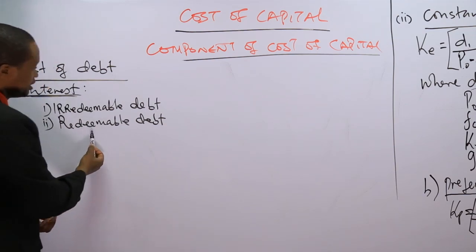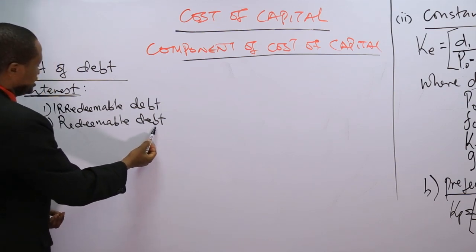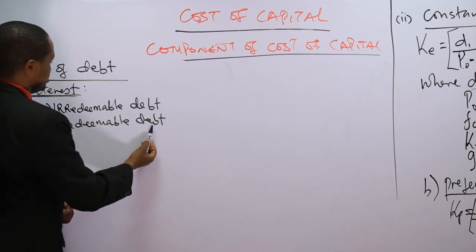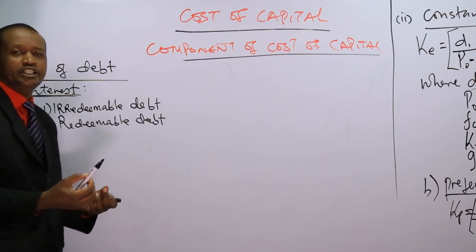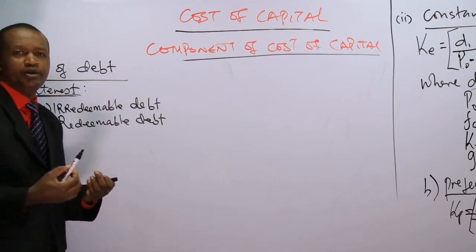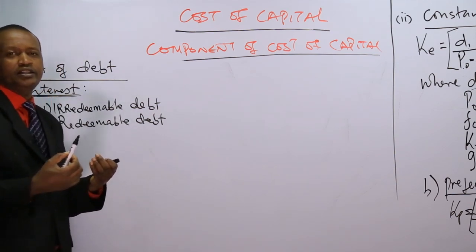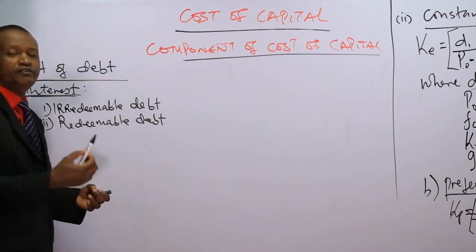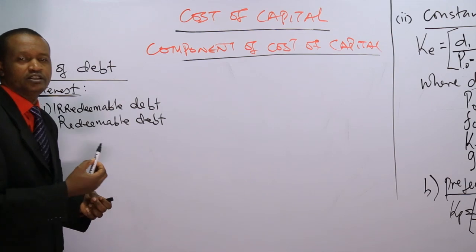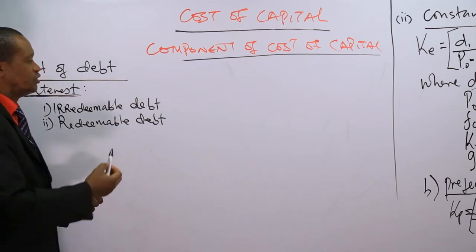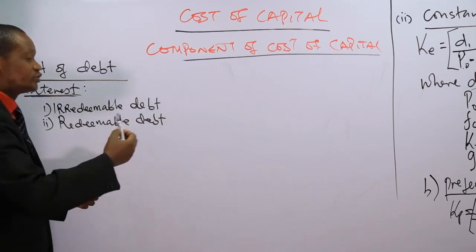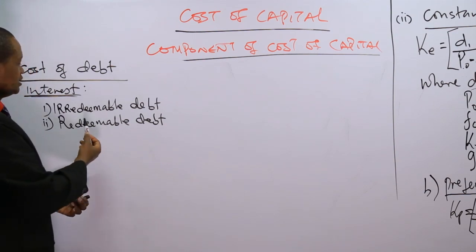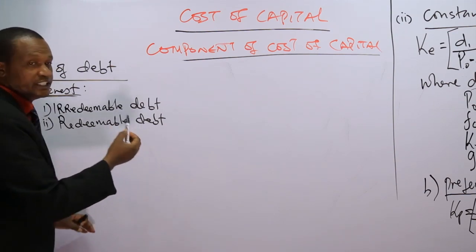But the redeemable debentures are debentures which may be redeemed or bought back. They have a period of, say, 5 years or 10 years or 20 years. So after 20 years, the debt will be redeemed.